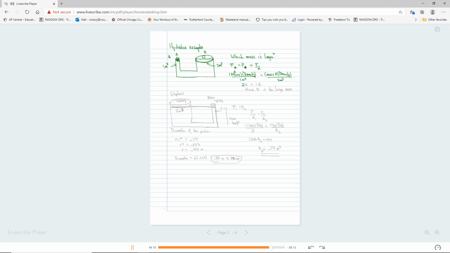This cancels out, and you get 2 times A has to be equal to 1 times B. So block B is the larger mass. Now we should do one with numbers on it.